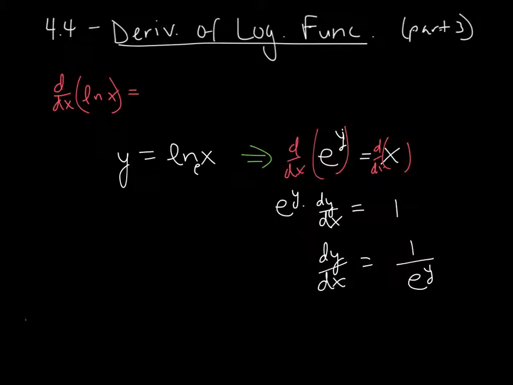So I've got dy dx is equal to 1 over e to the y, but go back to my original conversion. And my original conversion right here, we said e to the y is equal to x. If you get rid of the d dx's there, e to the y is equal to x. So I'm going to take this e to the y, and I'm going to replace that with x, because that's really just x.